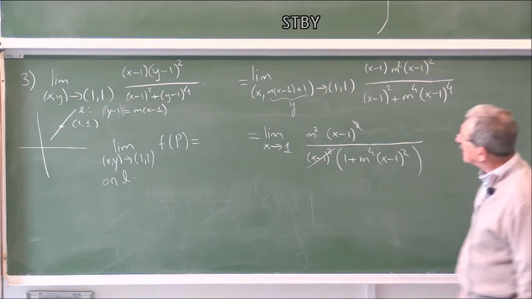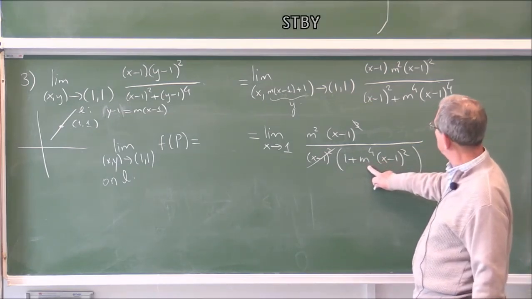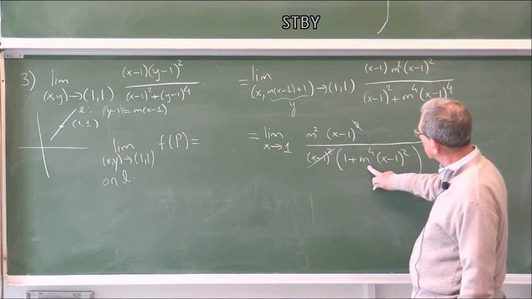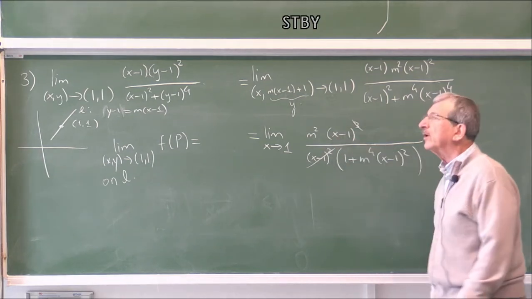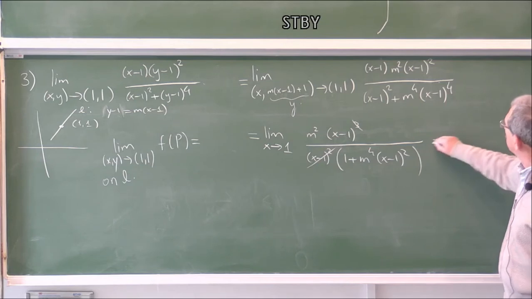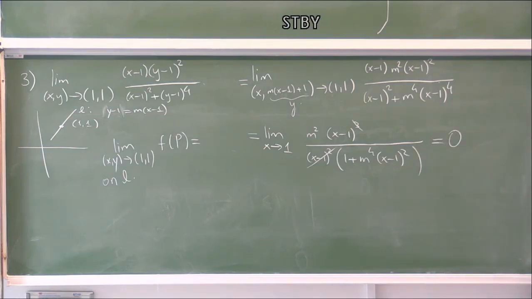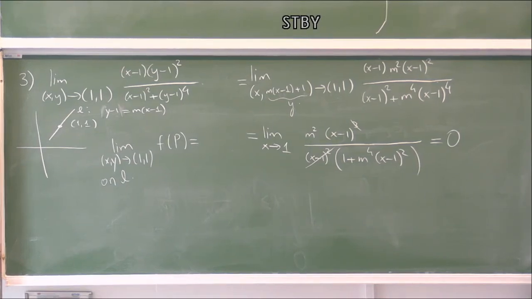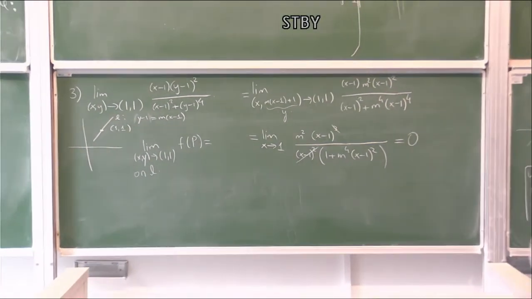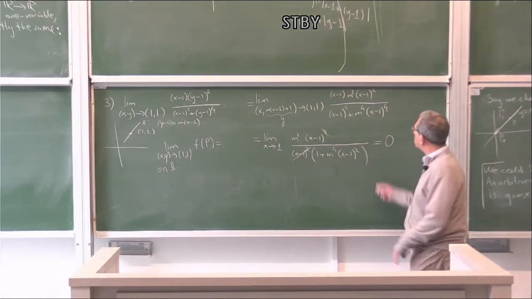Now, if m is not 0, or 0, it doesn't make any difference. When x goes to 1, this goes to 0. This does not say there is no limit, because there is no dependence on m. For all straight lines, the limit is 0.